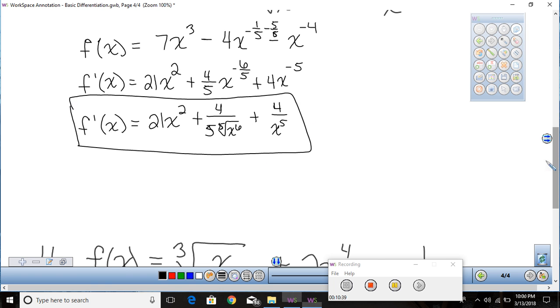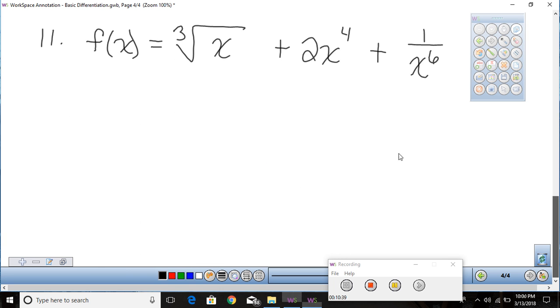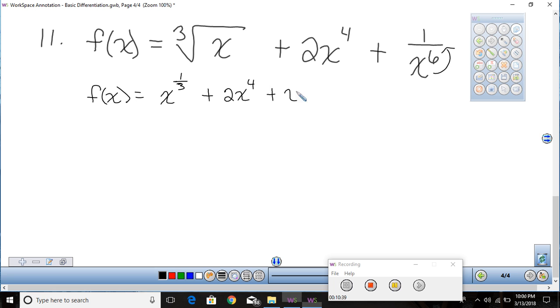Okay, last one. So I'm going to make this into an exponent. So that would be a 1/3 power. Alright, there's nothing I need to change on the 2x to the 4th. But I do need to pull this x to the 6th up to the top. So that would be x to the negative 6th.